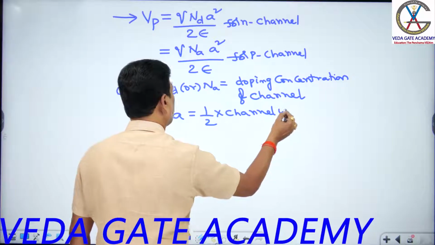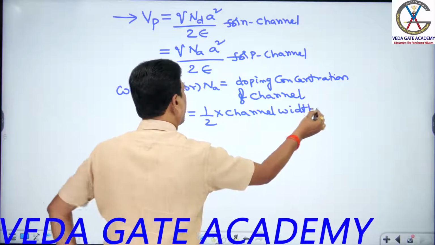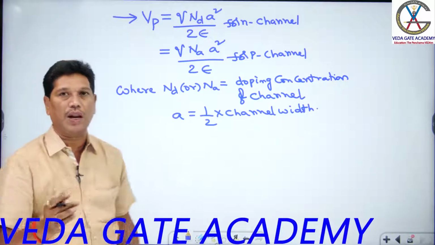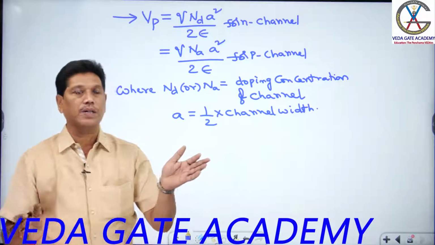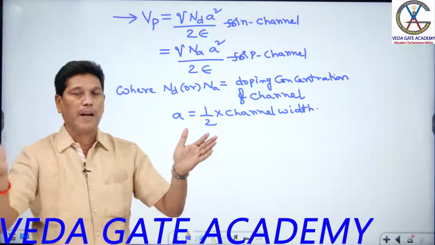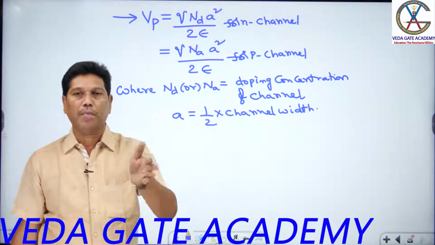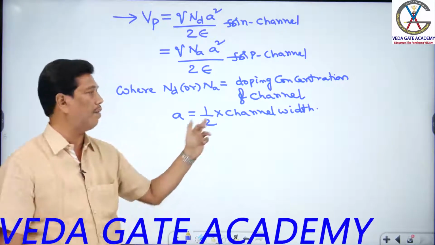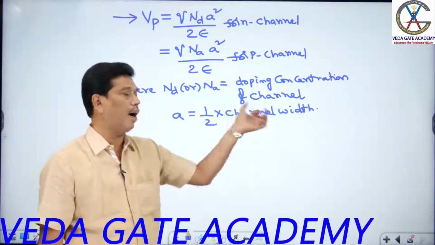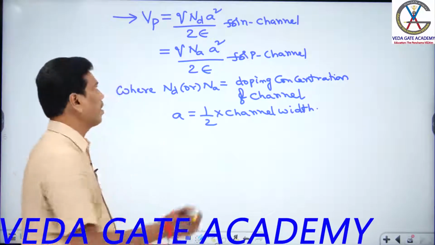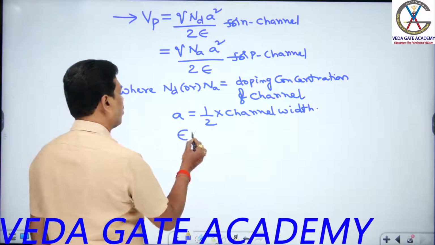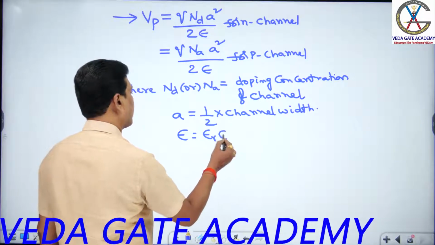Why do you say half the channel width? You know that each barrier can occupy maximum only half the width of the channel. None of the barriers can consider the complete channel width because the barrier expands from both sides. So each side the barrier can take maximum half the width of the channel. So a equals half the channel width. And epsilon equals the permittivity of the channel media.